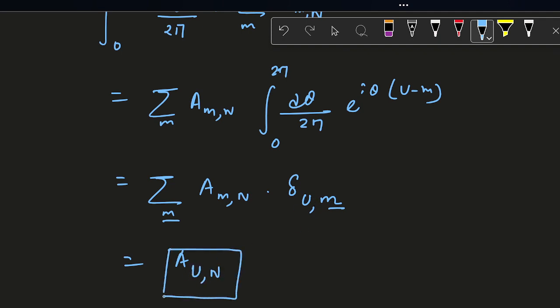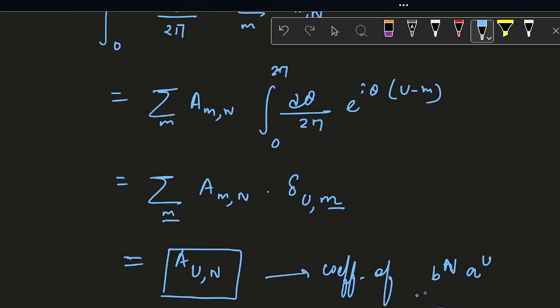So it is A with the subscript capital U comma capital N. Remember, these are the coefficients of b to the power of capital N and a to the power of capital U, because in this series expansion the summation term went like this, where small m comma small n were the coefficients adjacent to b to the power of n and a to the power of m.